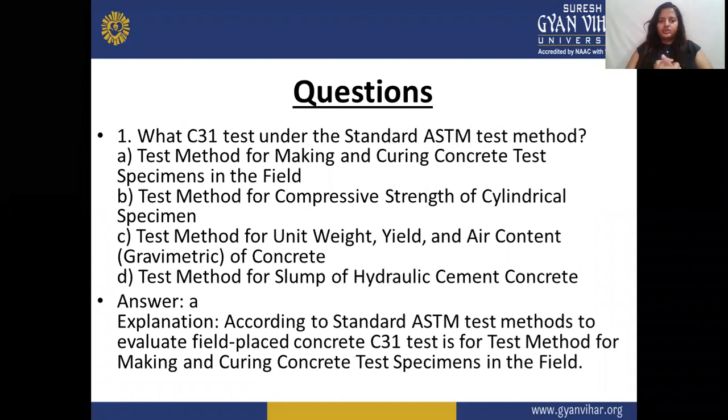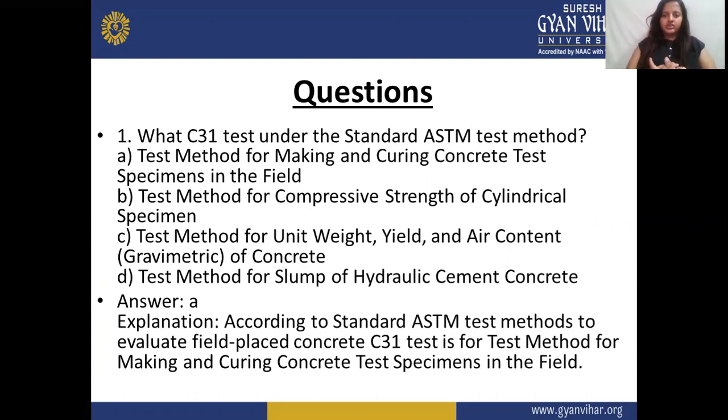Let us move forward to some of the questions. What is the C31 test under the standard ASTM test method? The first option is test method for making and curing concrete test specimens in the field. The second option is test method for compressive strength of cylindrical specimen. We can also use a cube as well as a cylindrical specimen.